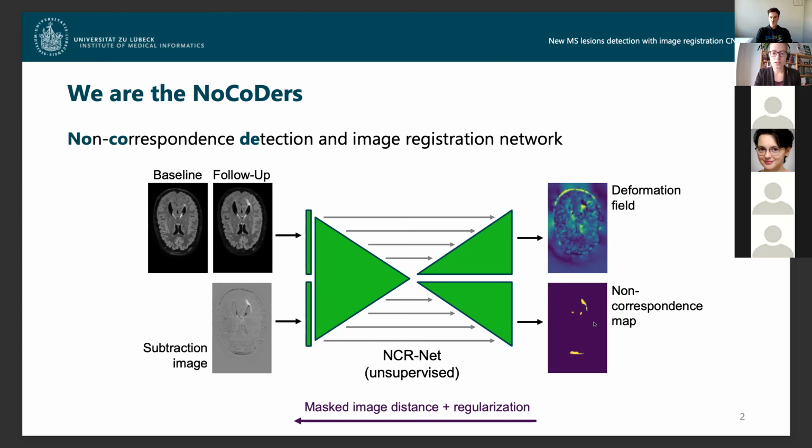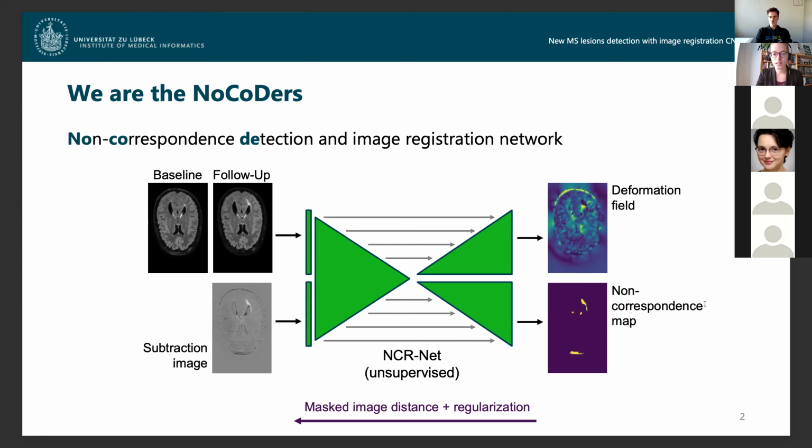To regularize those non-correspondence maps, we introduced some further terms in the loss function that favor small segmented areas and smooth boundaries of these areas. And as always in image registration, we have a further regularization term to produce a smooth deformation field.